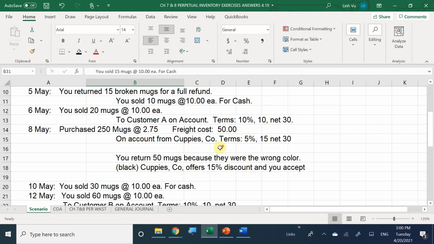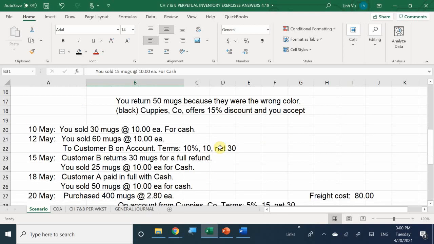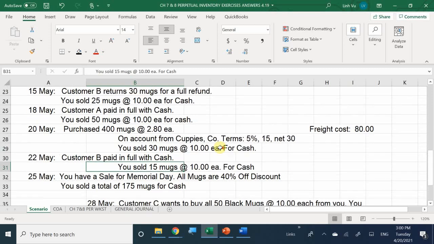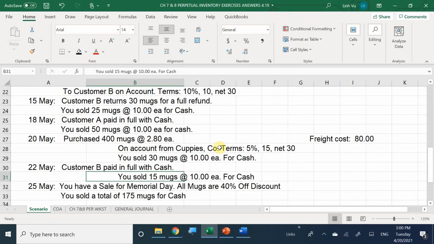that we owe. Okay? And then last but not least, we made another purchase on May 20th for the 400 cups. Did we make any returns on these cups?